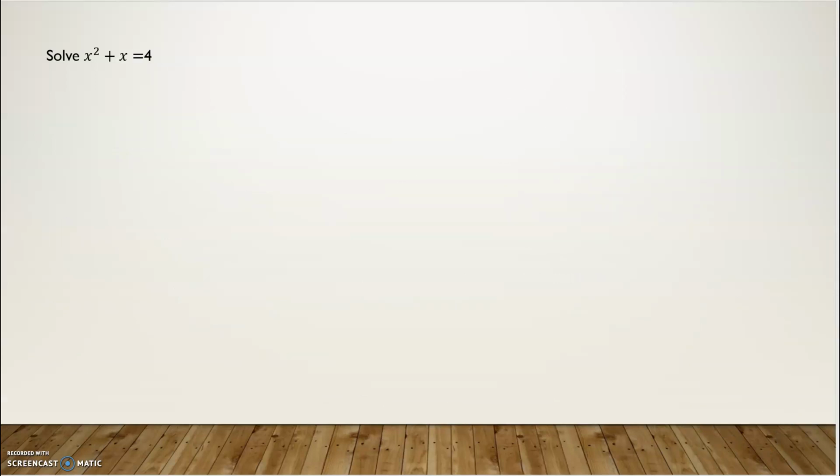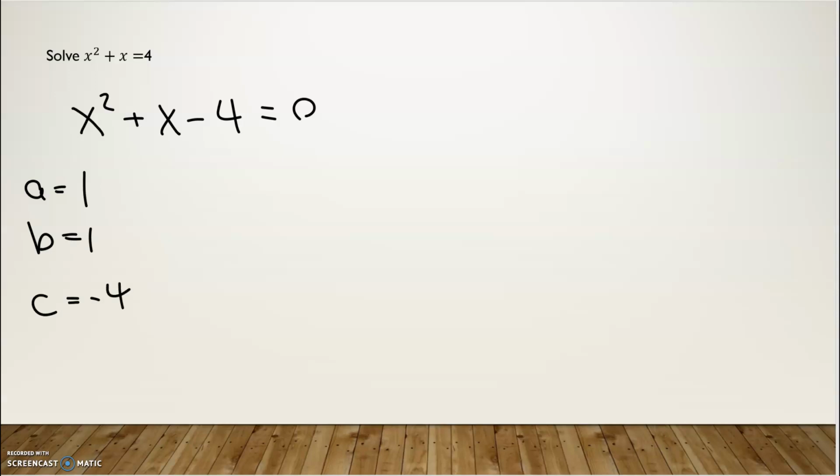Okay, so let's go on to this one right here. Notice it's not written in standard form, so the first thing I need to do is move the 4 over. Then I'm going to find my A, which is 1, my B, which is 1, and my C, which is negative 4, and plug that into this formula.